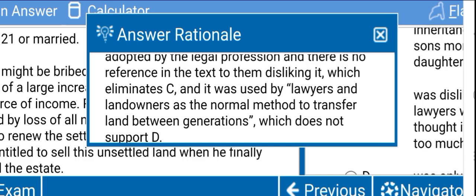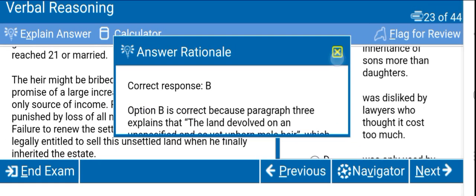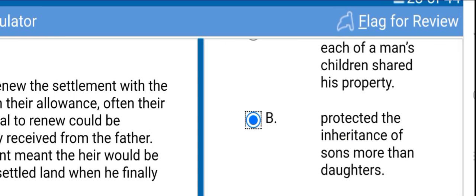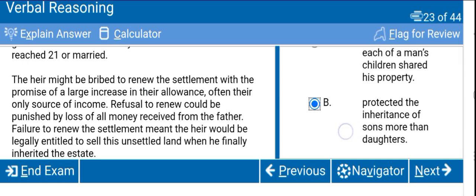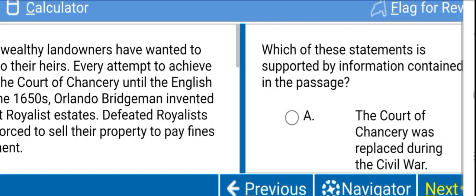It does not support D. So that's why we have option B, which is protected the inheritance of sons more than daughters, is the correct option.